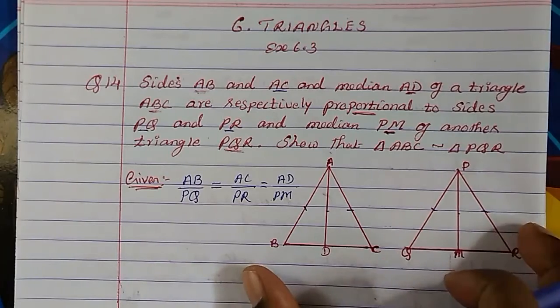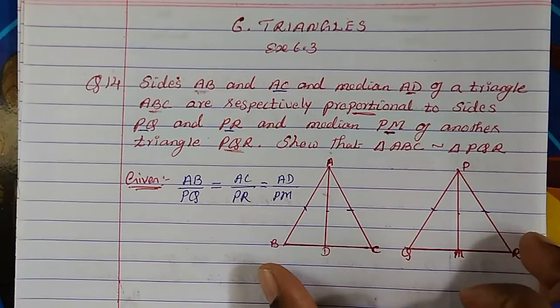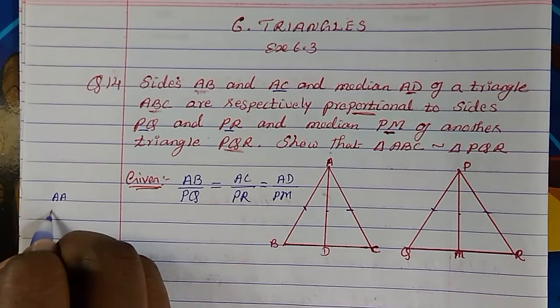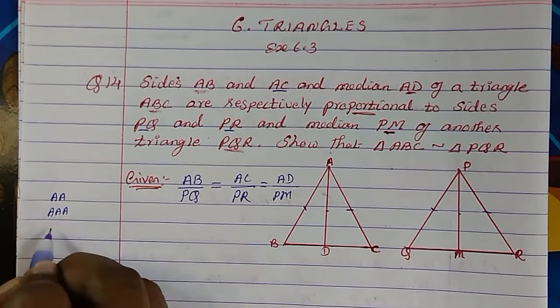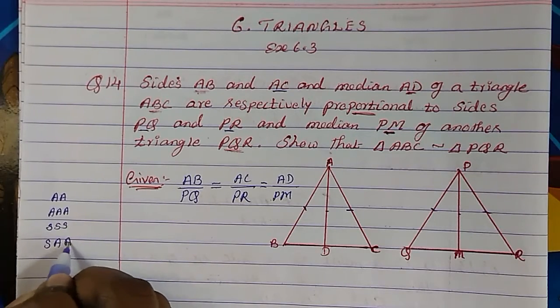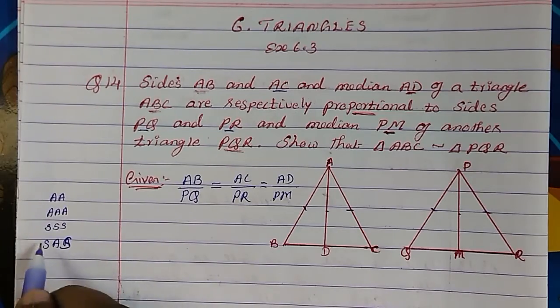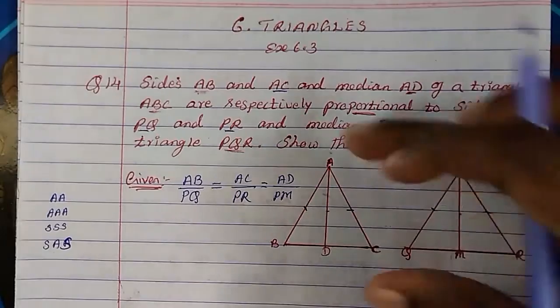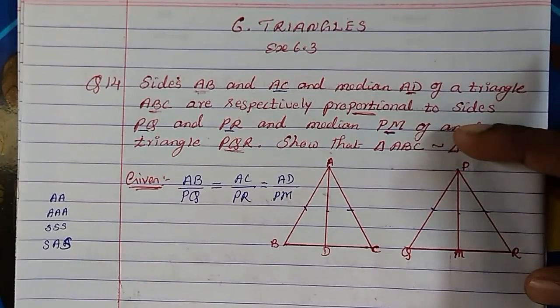But to prove both the triangles are similar, what are the options we have? We have either angle, angle, angle, or side, side, side, or side, angle, side. So these are the options we have. Here it is already given to us that AB upon PQ, AC upon PR, the ratios are proportional.